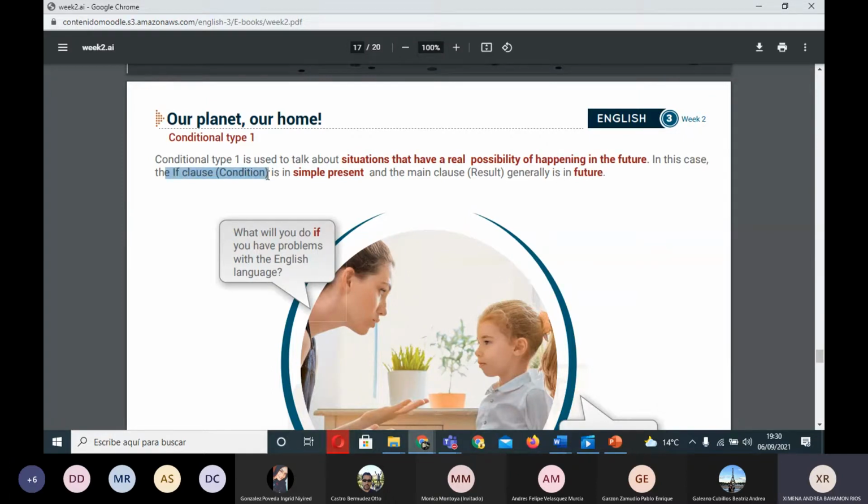The if clause, which is the condition, and notice that we conjugate the verb in simple present tense. This is the reason why I started by showing you the video of the tenses and the video of the grammar, because for these specific cases we need proper grammar in order to have a clear idea of the conditions.